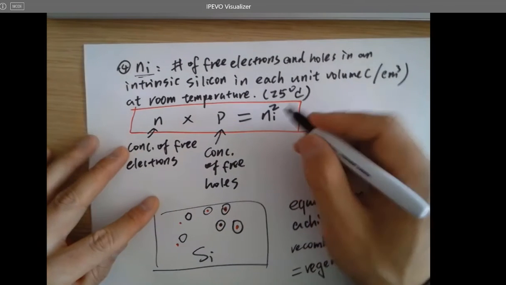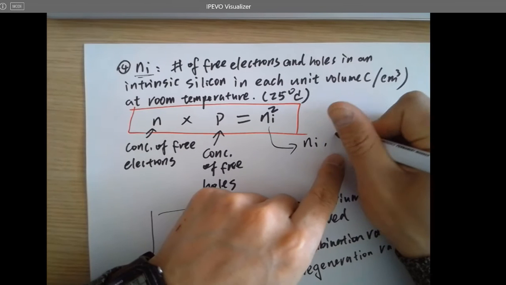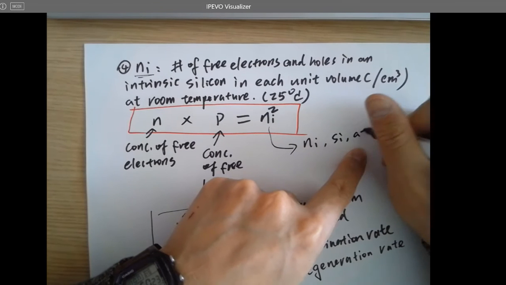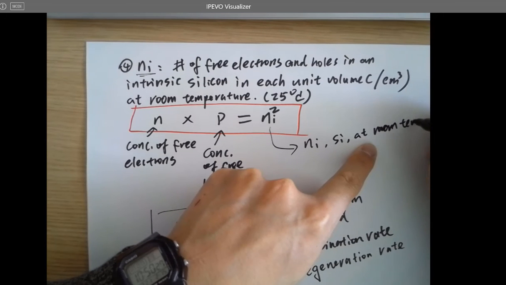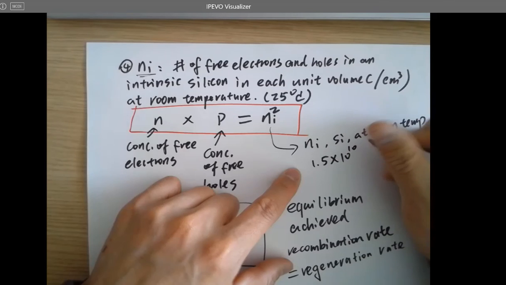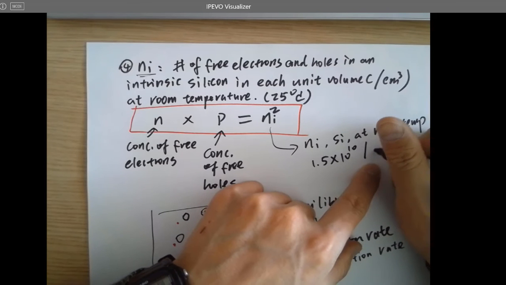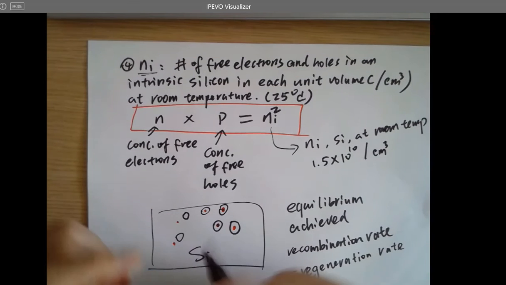And for this number, Ni, for silicon at room temperature, it equals 1.5 times 10 to the 10th per cubic centimeter. So this is the number you want to use.